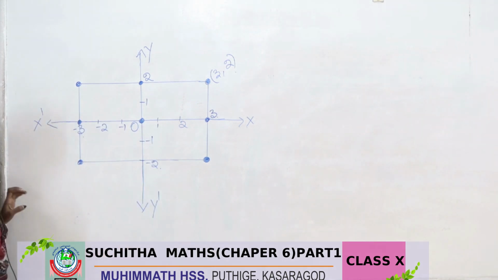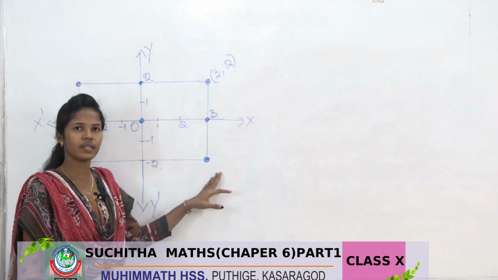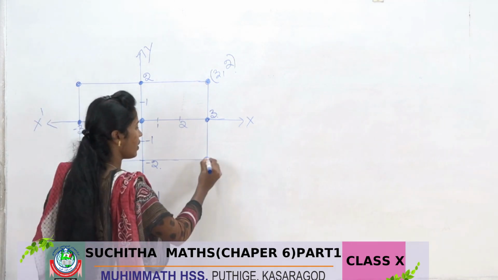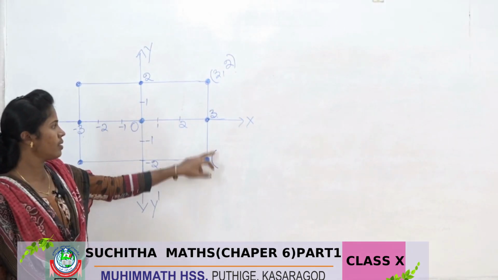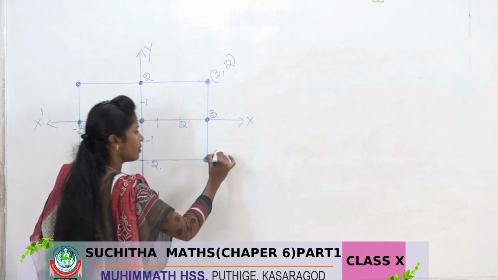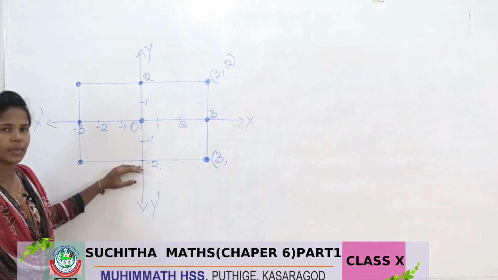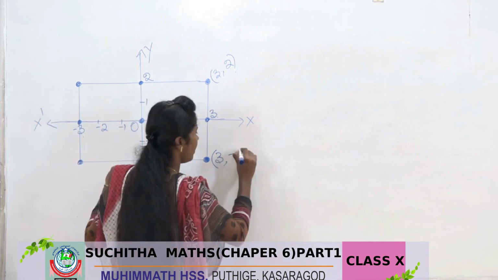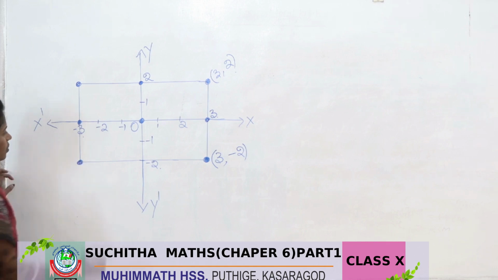Now calculate the coordinates of the other 3 vertices. So what is the coordinate of this point? Here x coordinate is 3, comma, y coordinate is -2. That is 3, -2. And here both coordinates are negative.